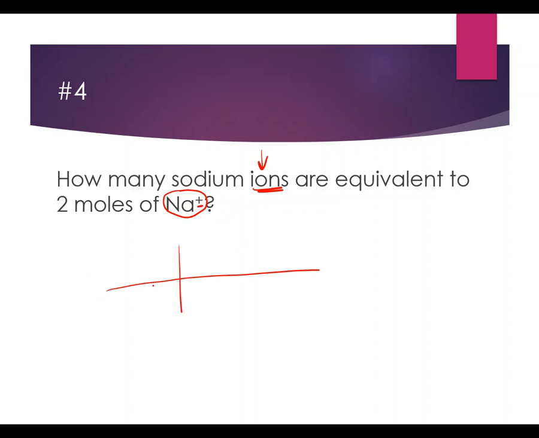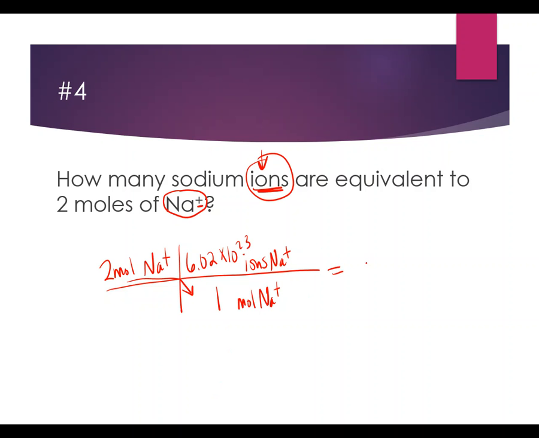Starting with our chart, the 2 moles of Na plus go up here. We take our moles, we diagonal them down. And we want ions on the top. Now there are 6.02 times 10 to the 23rd ions in 1 mole.